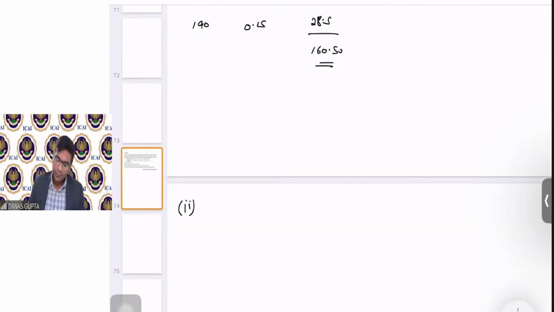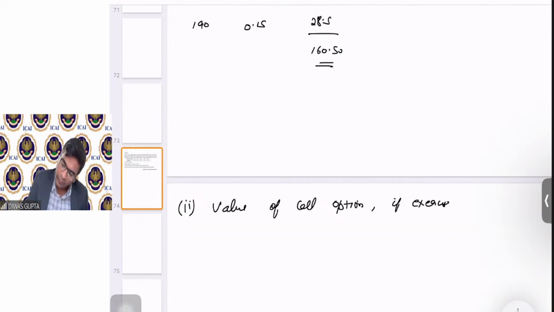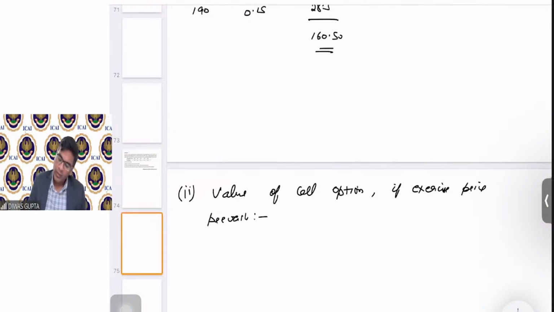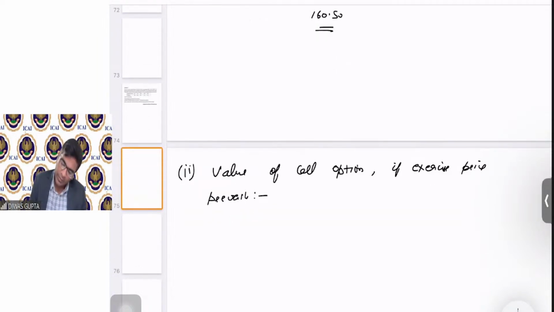Value of call option if exercise price prevails. What will be that value of call option? I just presented it in a logical manner. How does it look?